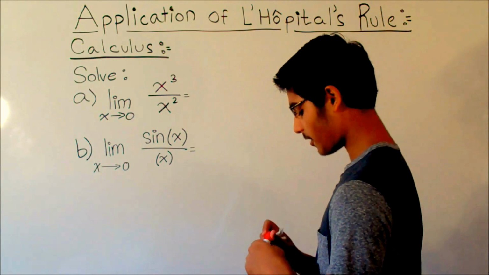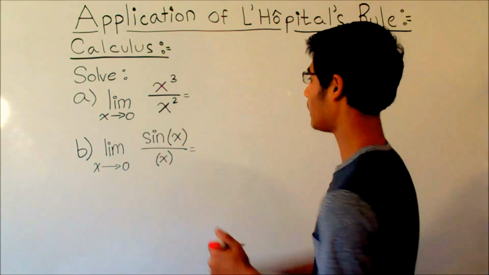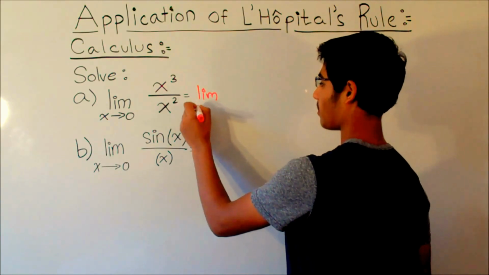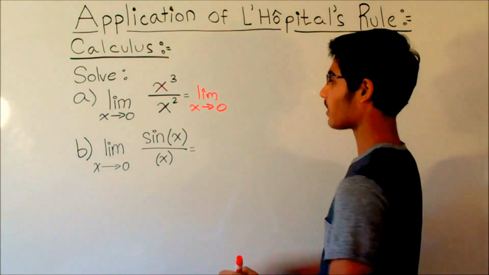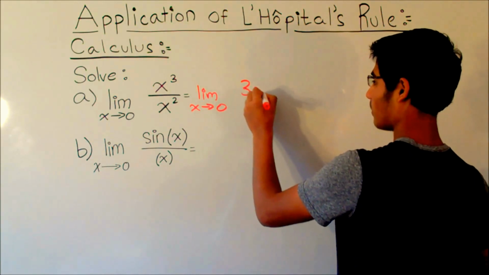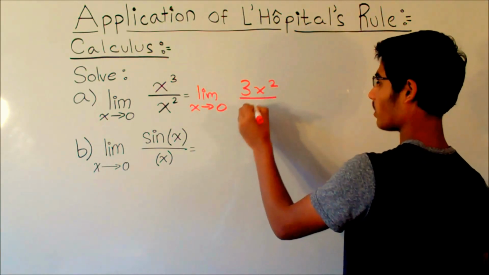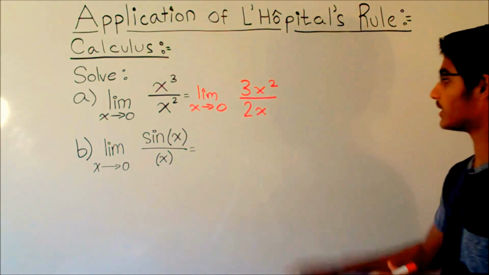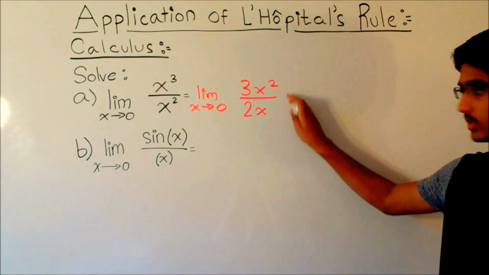So let's take the first derivative. This will be equal to the limit as x approaches 0 of the derivative of x cubed, which is 3x squared, over 2x. As we can see, when we plug in 0, we still get 0 over 0.